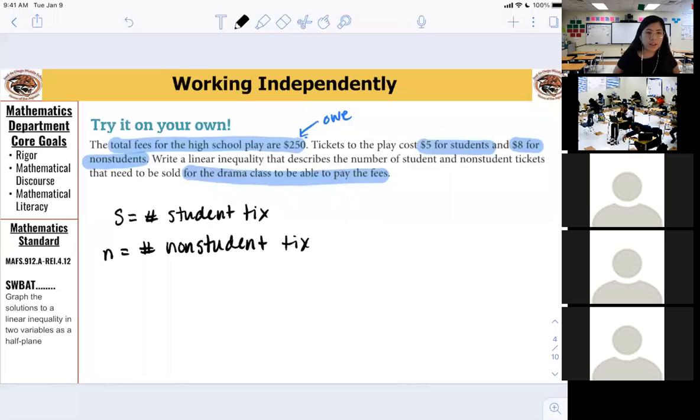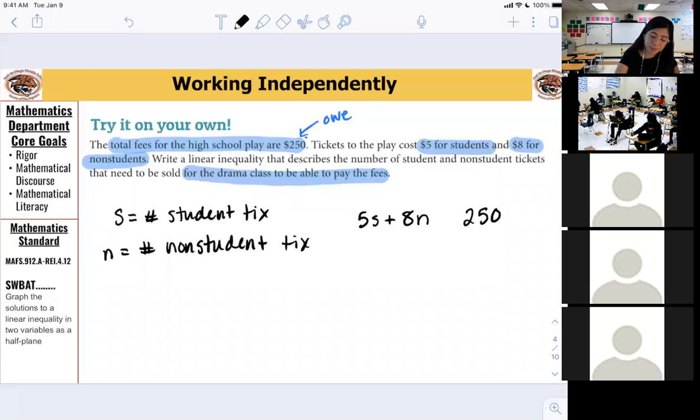And who can give me the inequality that they got? $5S plus 8N equals 200. Oh, no. Less than or equal to 250. Okay. Greater than, less than, equal to? Greater than or equal to.